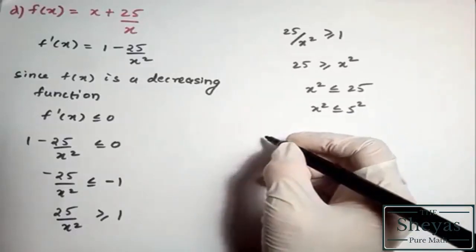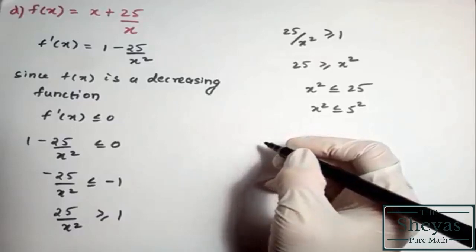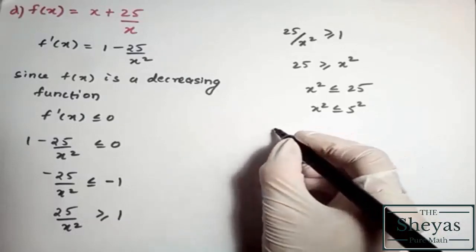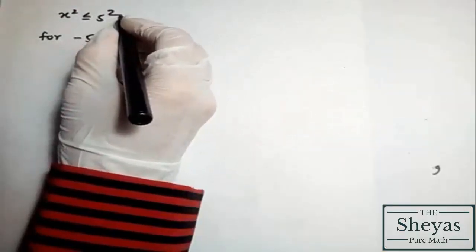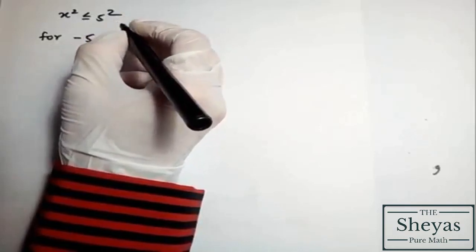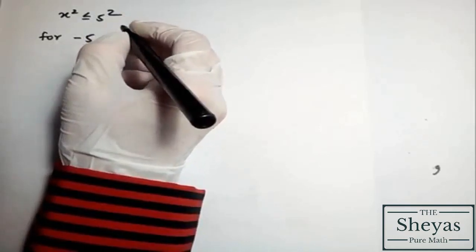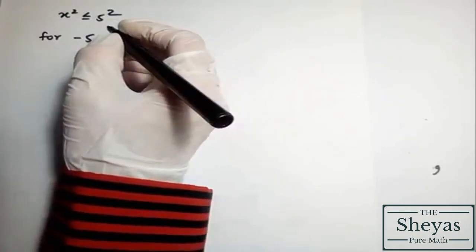And we will be getting 4 regions, and accordingly we have to confirm for which region the function is decreasing. So if you get x square less than or equal to 5 square, you have to consider the 4 regions.